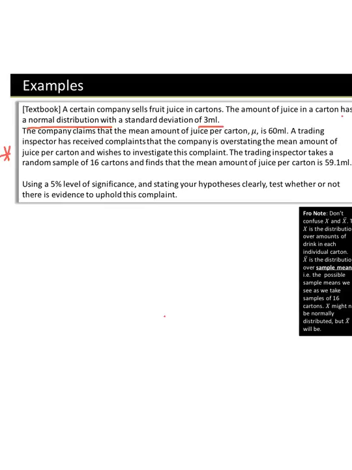The company claims that the mean amount of juice per carton, mu, is 60 millilitres. So what we have here, we're going to say we've got a random variable X, which can be modelled on a normal distribution with a mean mu, which is 60, and with a standard deviation of 3 millilitres.